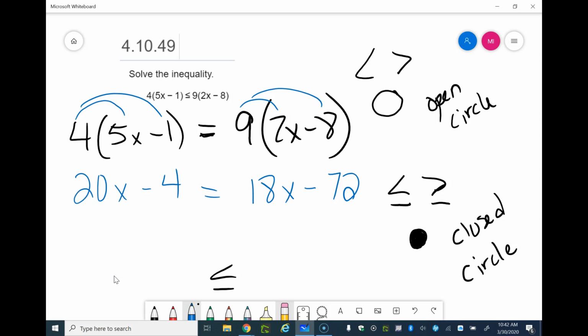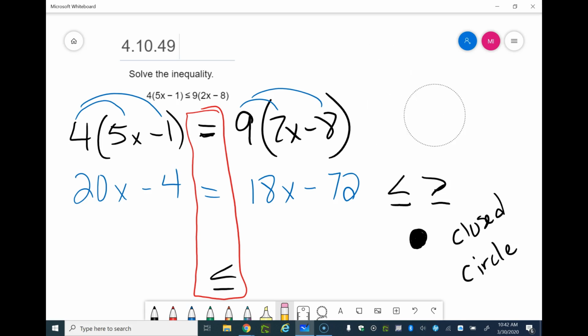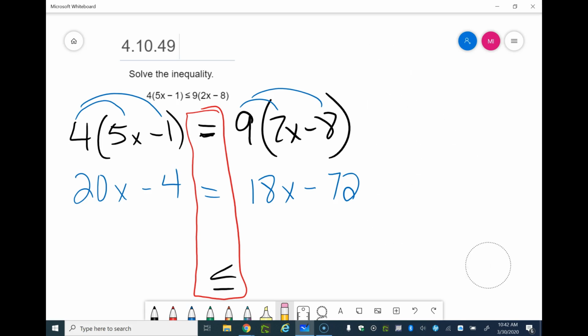And it does not matter what you decide to solve for. You can bring the 18x over here, or you can bring the 20x over here. I know most problems probably bring the 18 over here, but I just want to show you a rule, so I'm going to do things a tad bit differently, just so you can get this rule written down. So I'm going to bring over the 20 by subtracting.